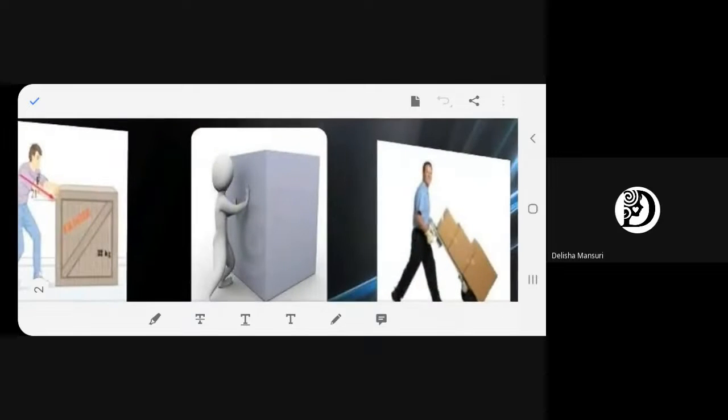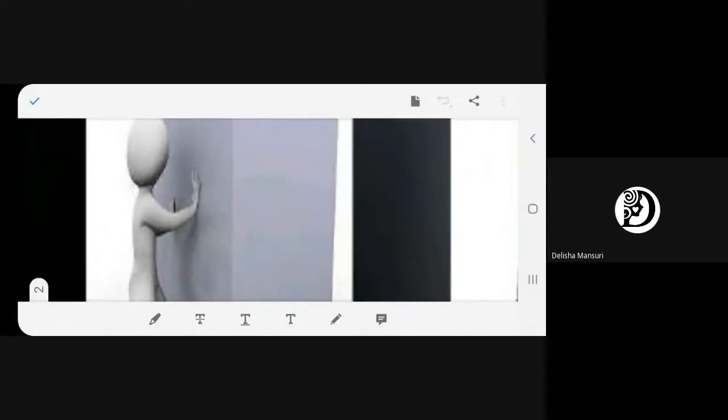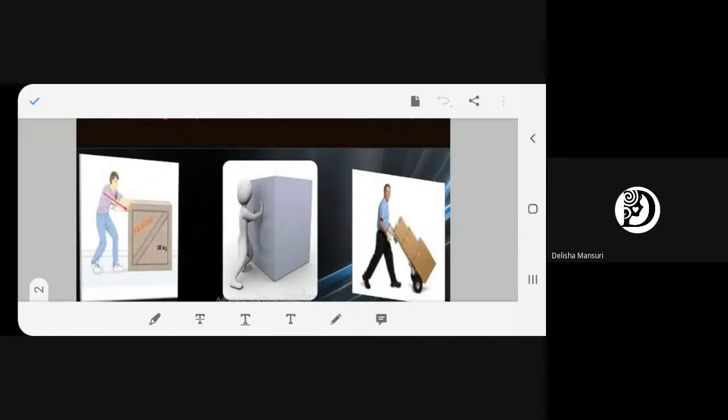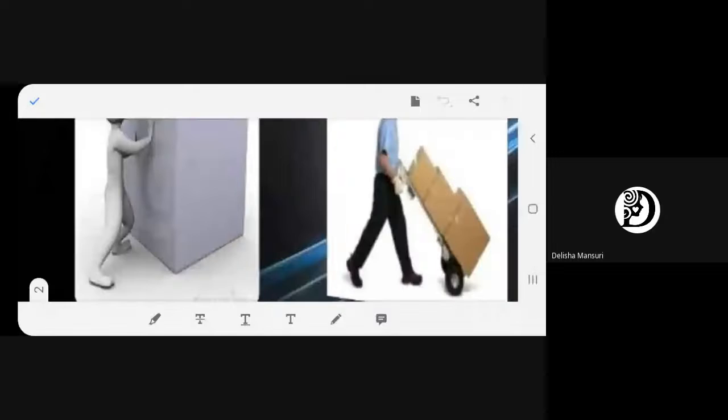Next one is this person pushing. So where is the friction? Friction is between the hand and the object. Whatever comes in contact with the object creates friction. The other one is a trolley.